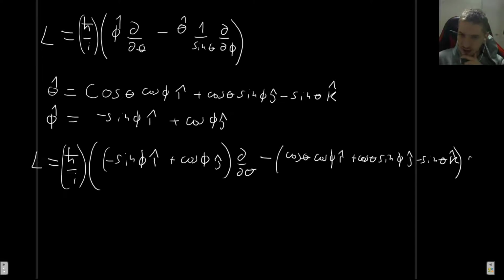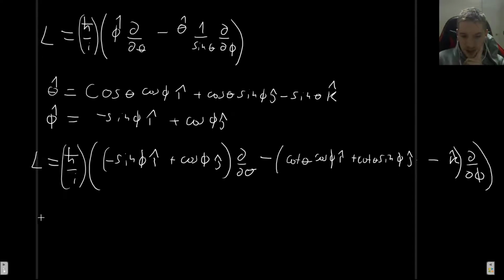And then we have this d by d phi. And what about the 1 over sine? Well, we can just let it divide all of this immediately. So this cosine theta will now be cosine divided by sine, which is cotangent. So we get cotangent of theta. This one right here will also be a cotangent of theta. And this sine is going to go away. It's just going to be 1, so we just get minus k hat.